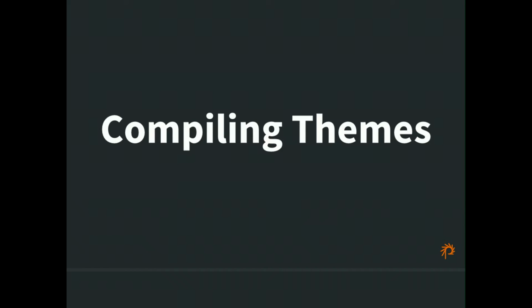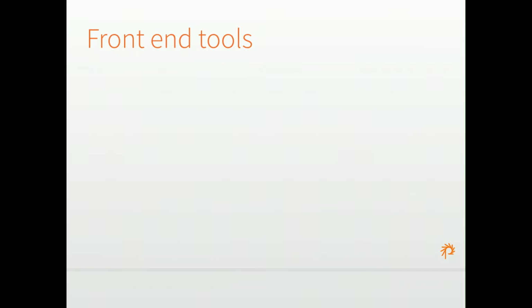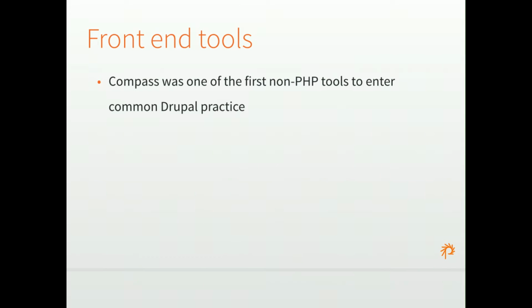The next thing I'll talk about is theme compilation, and I think it's interesting that Compass was, as far as I am aware, one of the first major non-PHP tools to enter common Drupal practice. It's been a number of years since I've seen Compass integrated in Drupal projects.